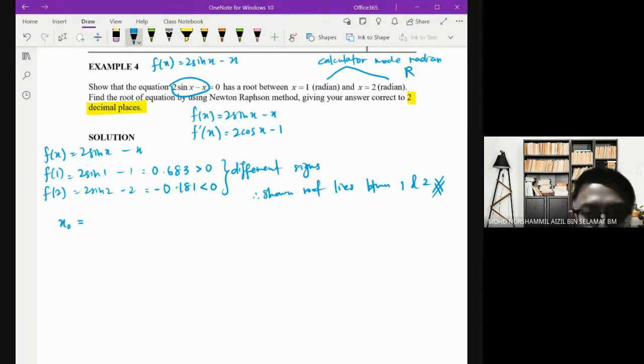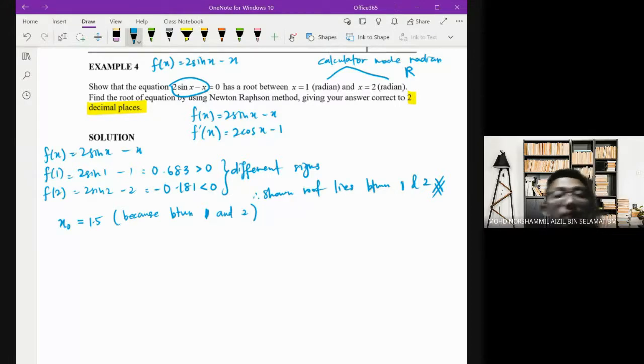X naught, we will choose 1.5 because between 1 and 2. Dapat tak? Sebab dalam situasi ni dia tak bagi tahu kan starting point kan. Jadi kita ambil 1.5 guys. Jangan ambil 1, jangan ambil 2. Jangan ambil 1.4. Ambil 1.5. Okay? Tengah-tengah antara 1 dengan 2 tu.